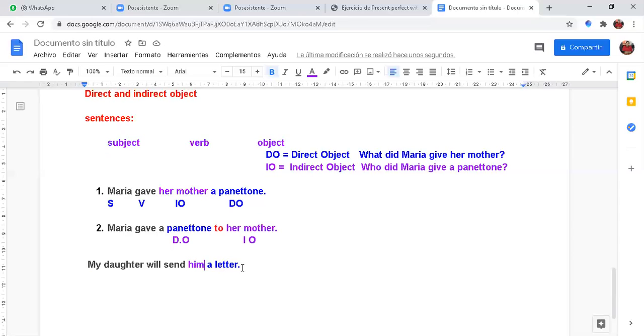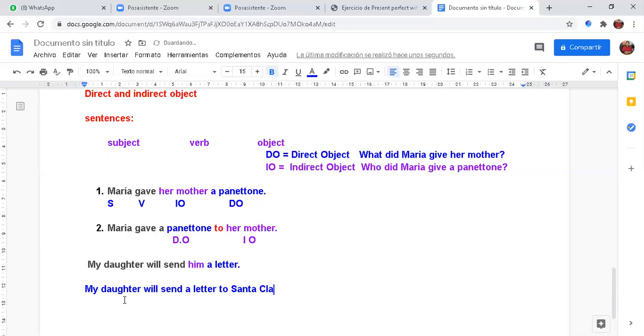Or I can write it like the second sentence, as I said before. First we can use a letter. My daughter will send a letter to Santa Claus.